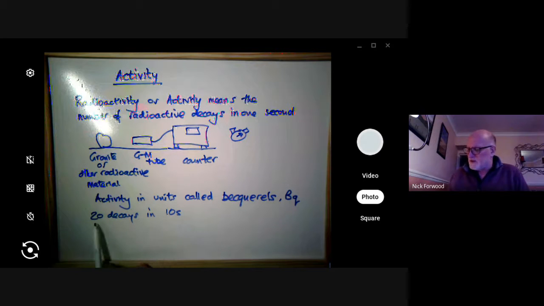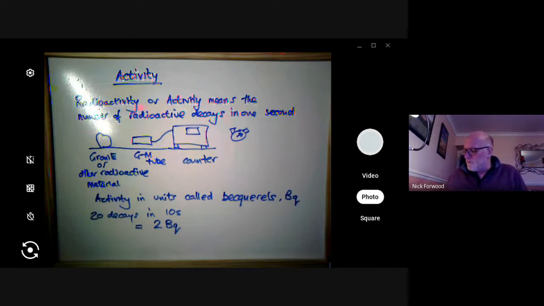So we just take 20 and we divide by 10, and that would be the same as 2 decays every second. So you would say that the activity is equal to 2 becquerels. Okay, so what is a radioactive decay?